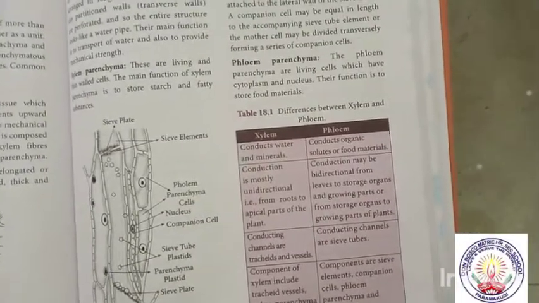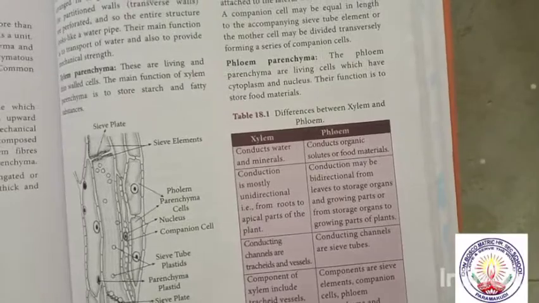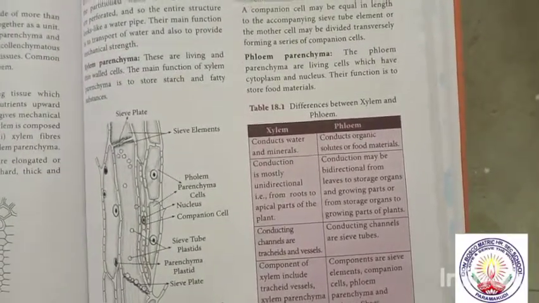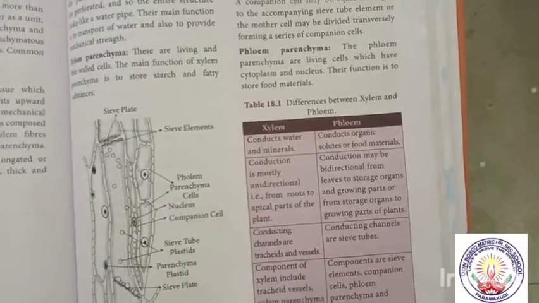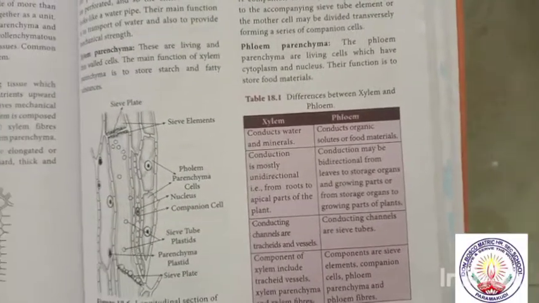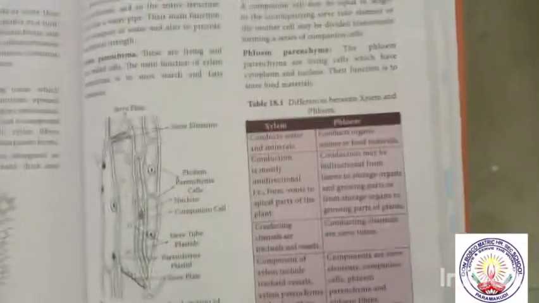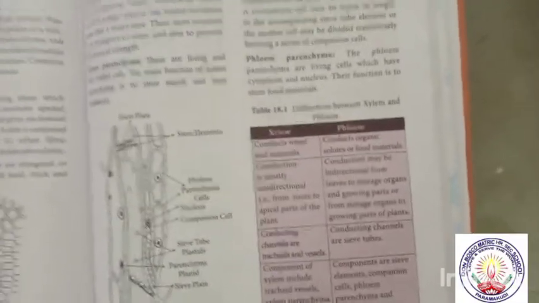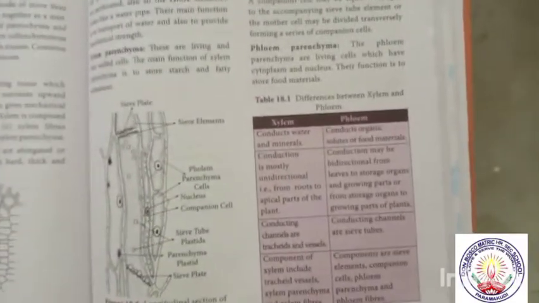Xylem contains water and minerals. Phloem contains organic solutes or food materials. Conduction is mostly unidirectional, from roots to apical parts of the plant. Conduction may be bidirectional, from leaves to storage organs and growing parts, or from storage organs to growing parts of the plants.